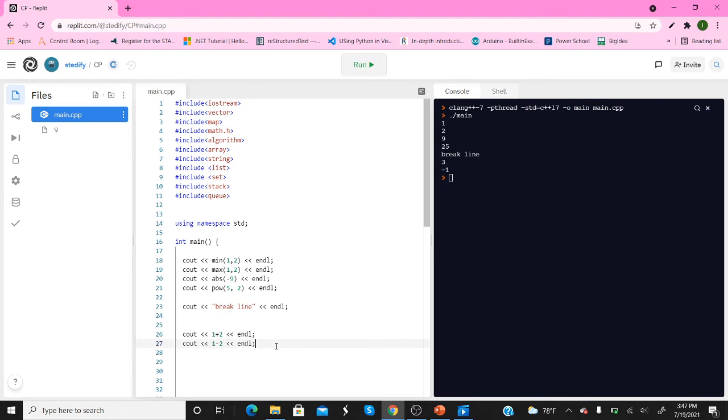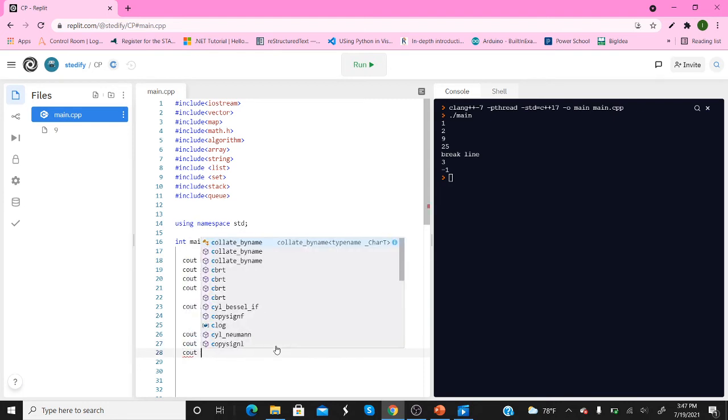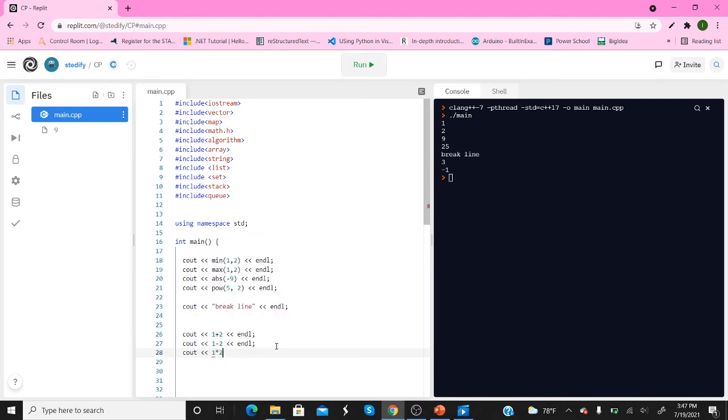Now the multiplication: cout 1 times 2, endl. The multiplication is also the same as Python, and 1 times 2 is 2, so we get 2. Obviously, 1 plus 2 is 3, 1 minus 2 is -1, and 1 times 2 is 2.